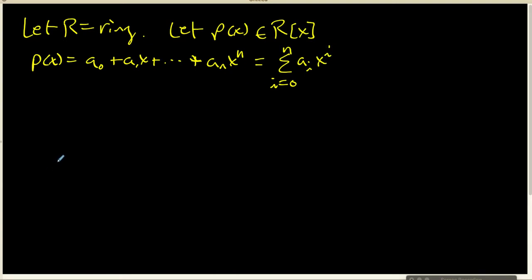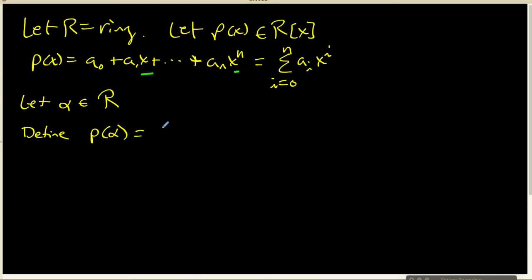Now, I want to let alpha be an element of the ring R. In other words, alpha is in the same ring as the coefficients of our polynomial. And we're going to define P of alpha to simply be replacing each one of these x's with the value alpha.